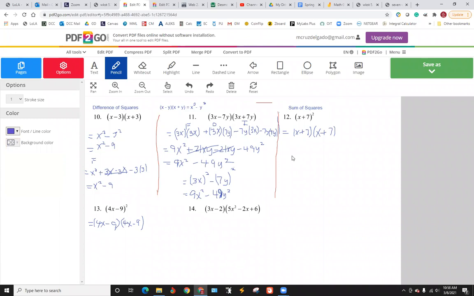When you get something like x squared plus 14x. Let's see if somebody else comes up.